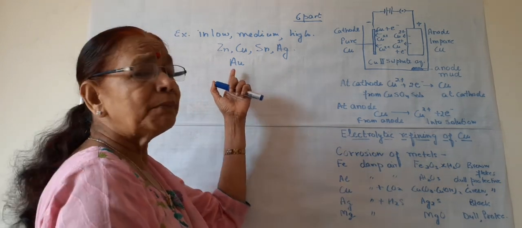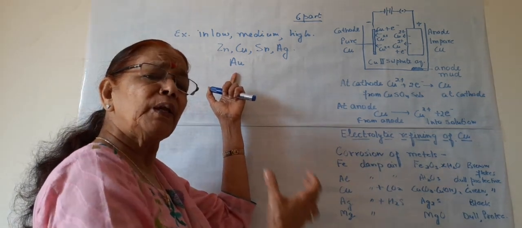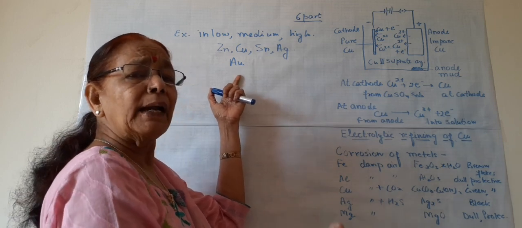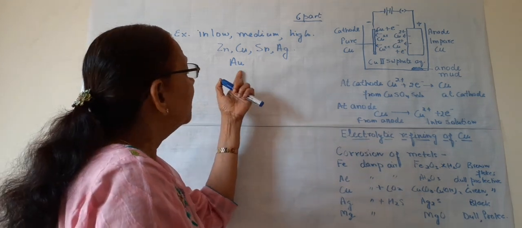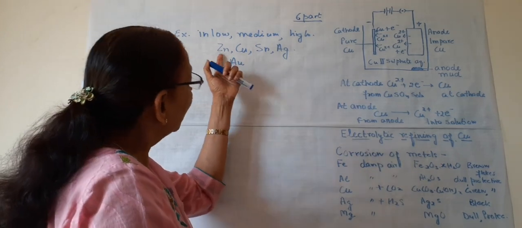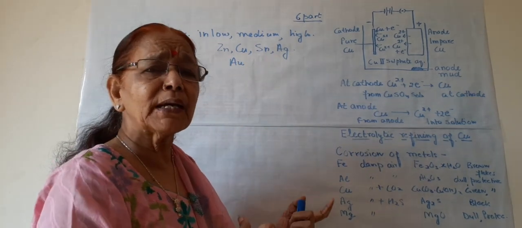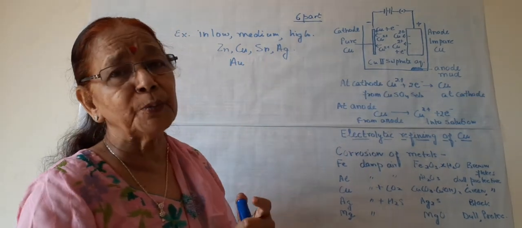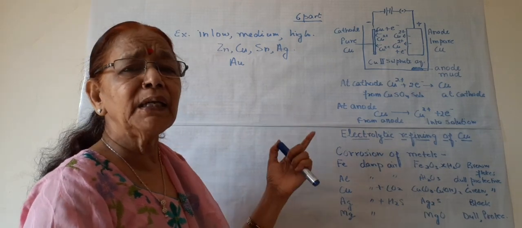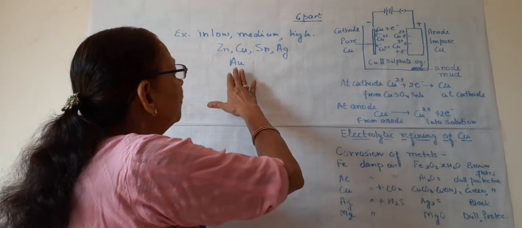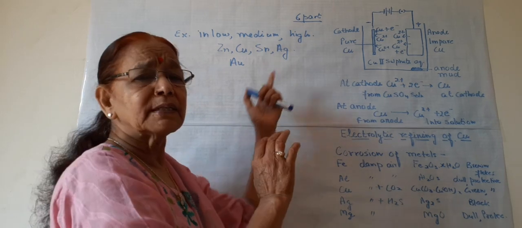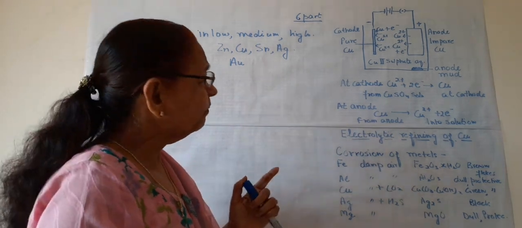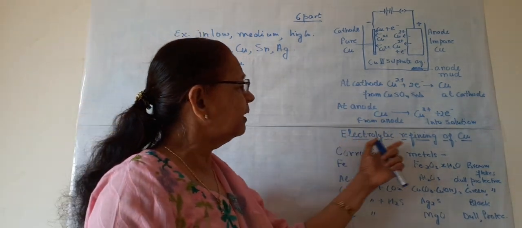So even the metals at the bottom of the reactivity series have to be refined, and the metals we get from extraction also have to be refined. The refining process is the same for both, and it is electrolytic refining.